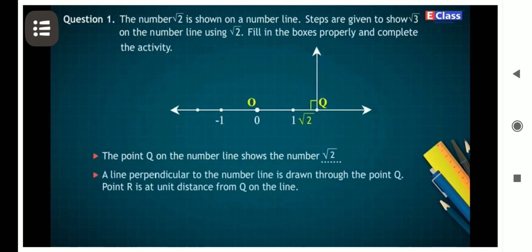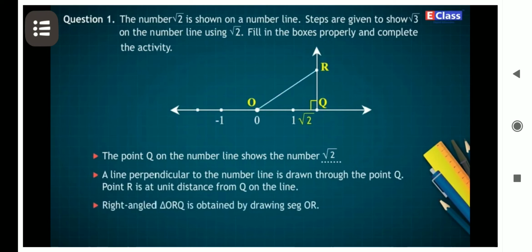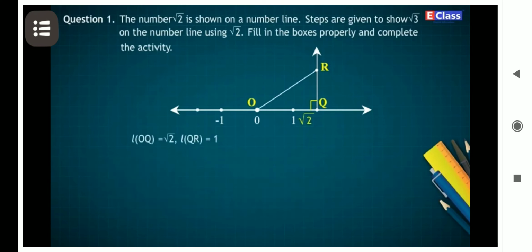A line perpendicular to the number line is drawn through the point Q. Point R is at unit distance from Q on the line. Right angle triangle ORQ is obtained by drawing segment OR. Length of OQ is equal to square root of 2 and length of QR is equal to 1.